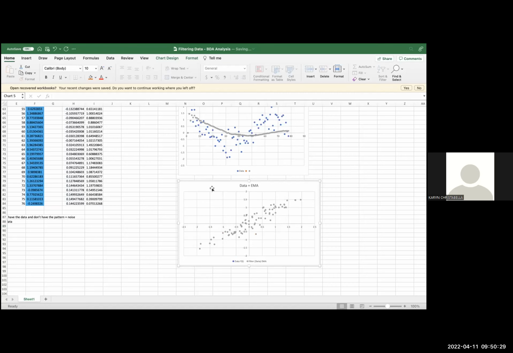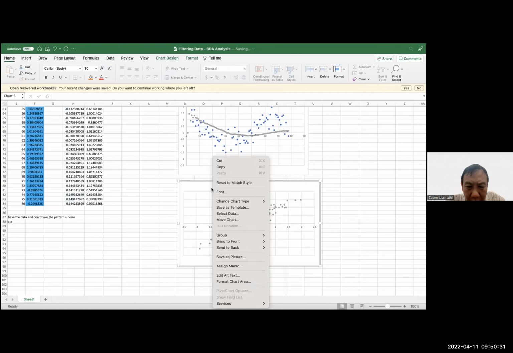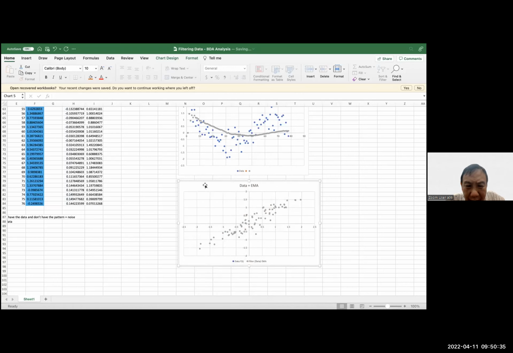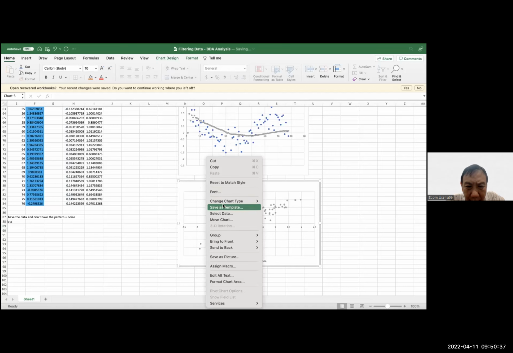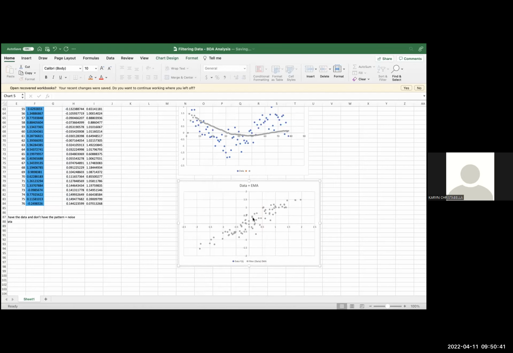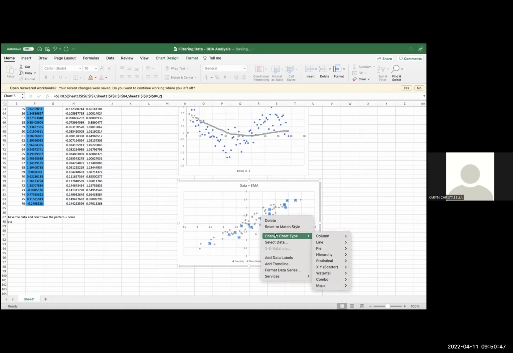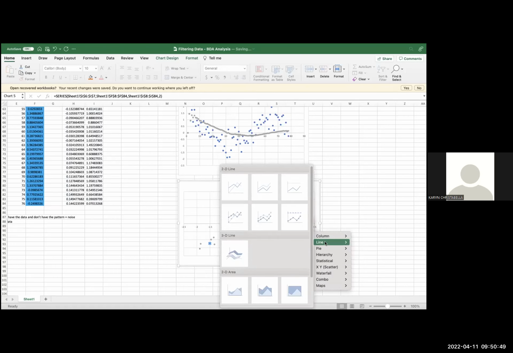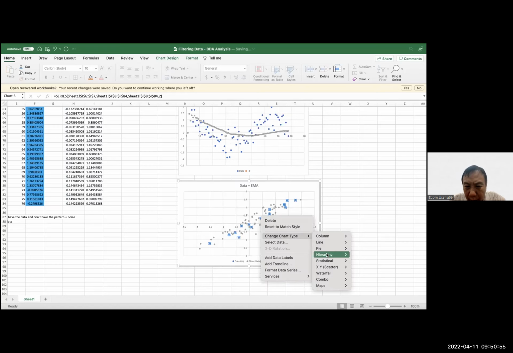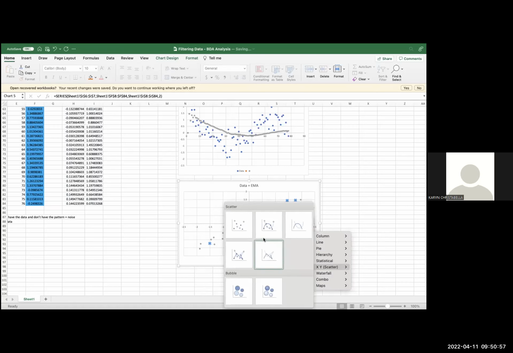And now your EMA, can you change the type so that it will become a line? You click first, and then you change the chart type to line. XY, still XY scatter but with line.